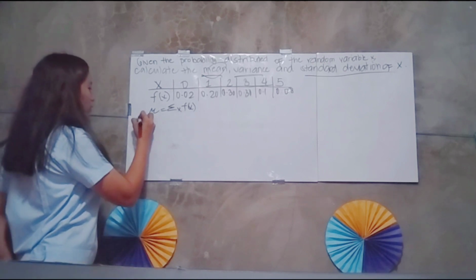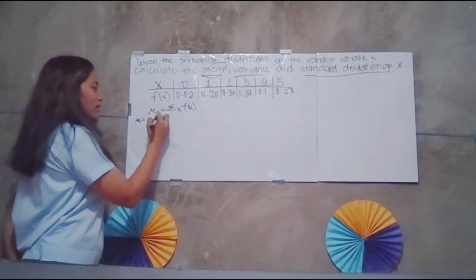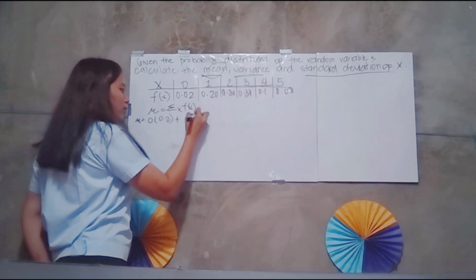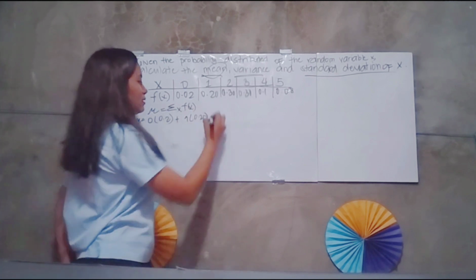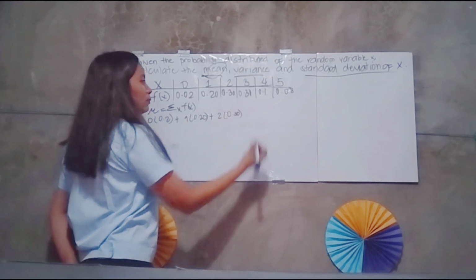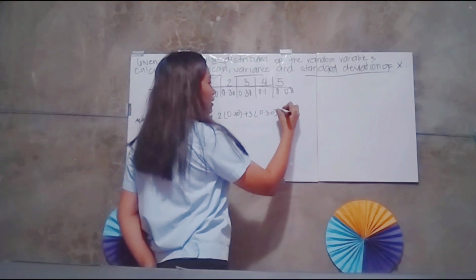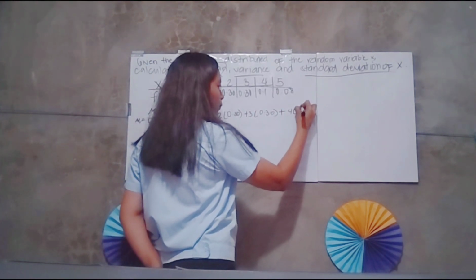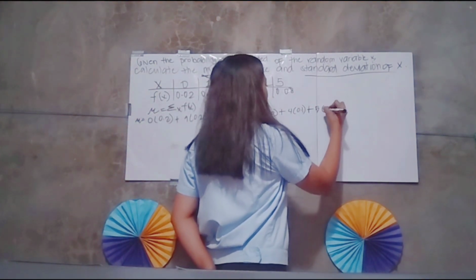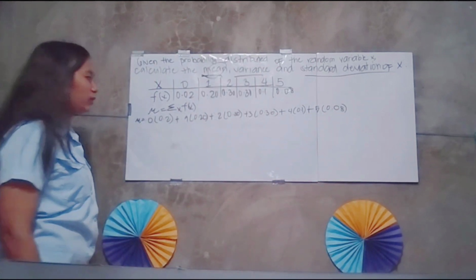So, mu is equal to 0 multiplied by 0.02, plus 1 multiplied by 0.20, plus 2 multiplied by 0.30, plus 3 multiplied by 0.30 again, plus 4 multiplied by 0.1, and plus 5 multiplied by 0.08. So 0 times 0.02 is equal to 0.